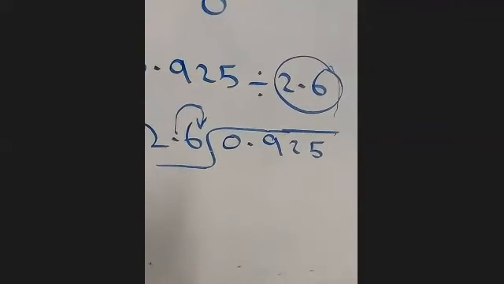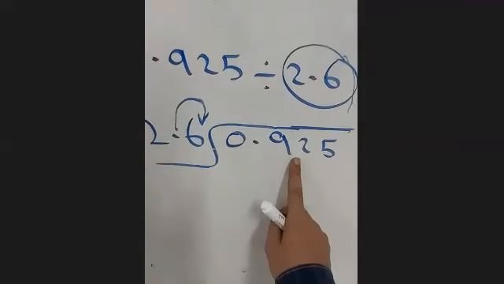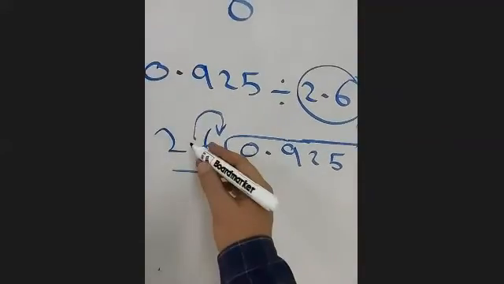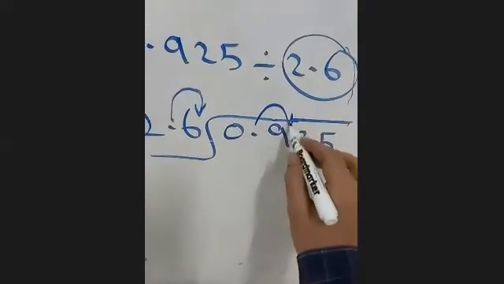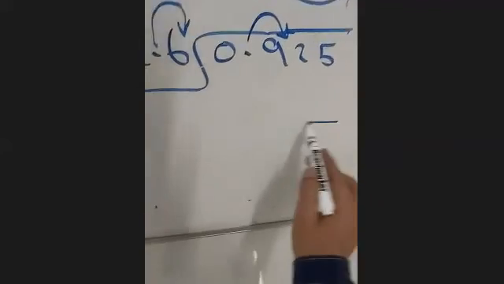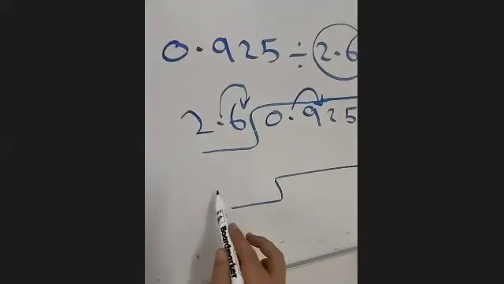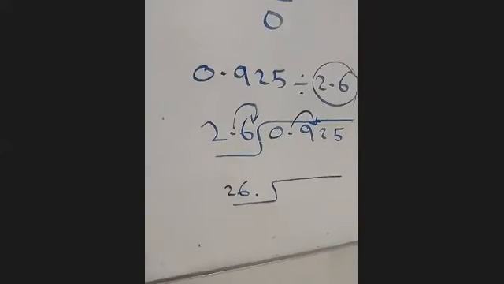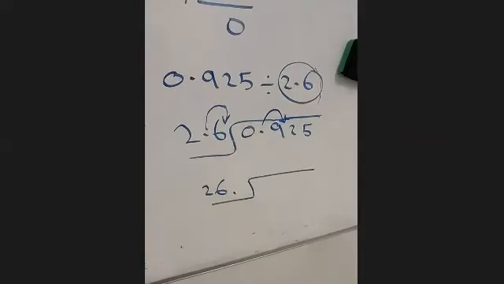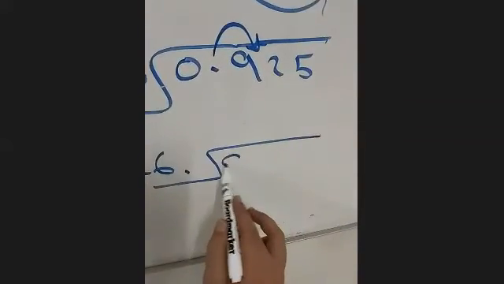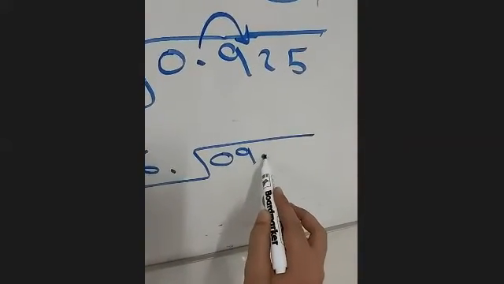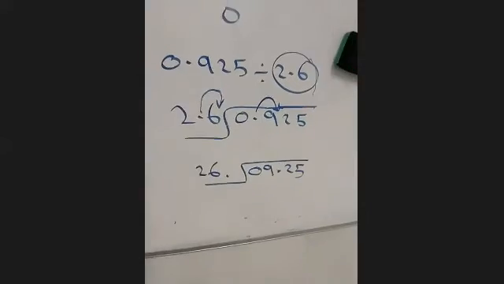Between 9 and 2, right? Yes. So if we push 1 digit here, I will push 1 digit here. Now we have new numbers, write them. This will be 26 decimal. And here, this will be 0.925, right? Yes.